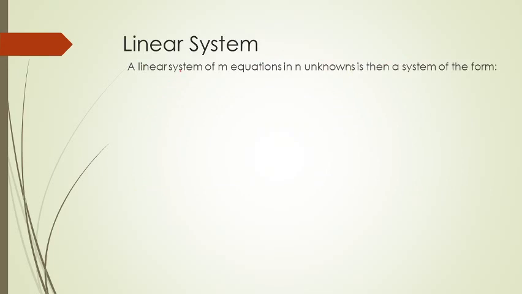Now, let's look at what is the linear system. A linear system of m equations in n unknowns is then a system of this form. Let me write the form, which means we are going to have m linear equations together. The first one will be a11x1 plus a12x2 plus a13x3 until a1nxn equals b1.